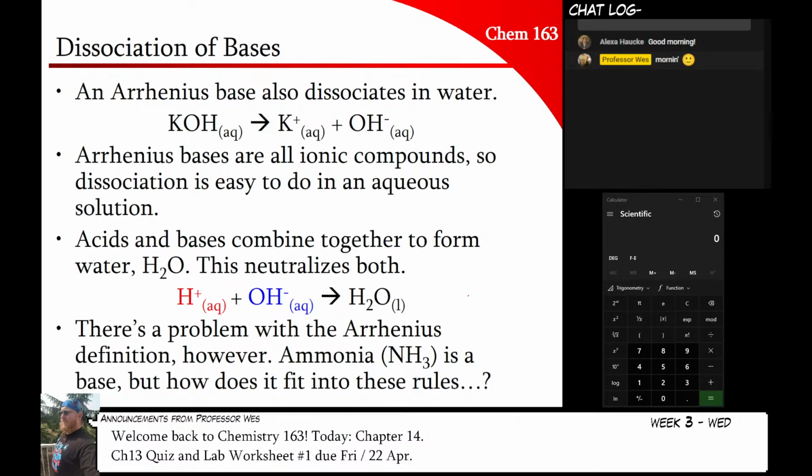For example, ammonia is basic. If we put a pH strip into a solution containing ammonia, it turns blue. There's no hydroxide in ammonia, though. So how the heck does ammonia fit into these rules? Well, the answer is the Arrhenius definition of rules is incomplete. So we change them. And that's where Bronsted-Lowry comes in.